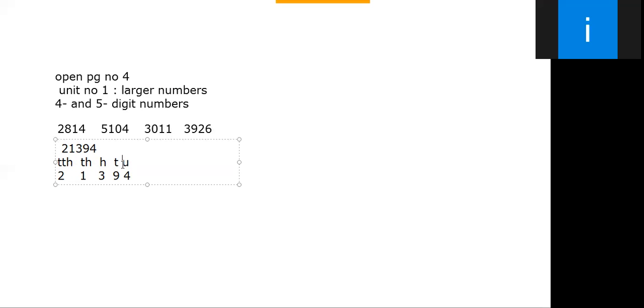I'm going to tell you again. We start reading our value from the right side. In the unit we have 4. In the tens we have 9. And then the next one is hundreds, where we have 3. Then 1 is on the thousands place, and then 2 is on the 10,000 place. So this value is 21,394.